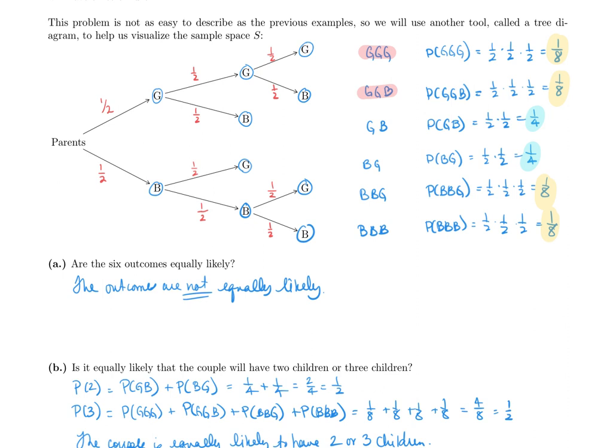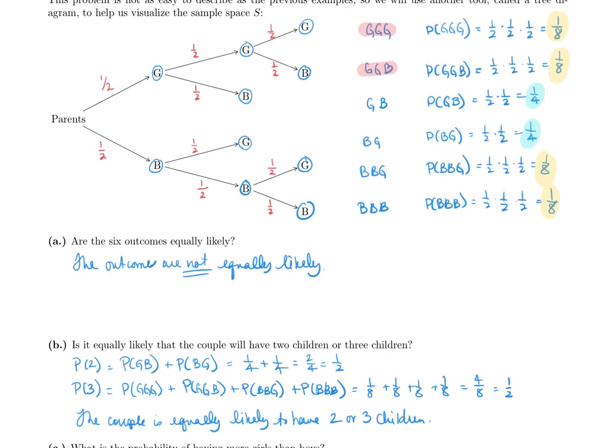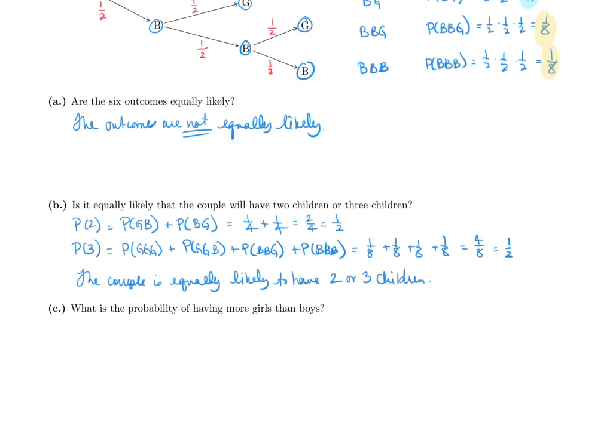So in this case, we would end up saying, well, there's only 2 ways to have more girls than boys. And each of those has the probability of 1/8. So the probability of having more girls than boys means that we need to define our event. So our event E is that the couple has more girls than boys.